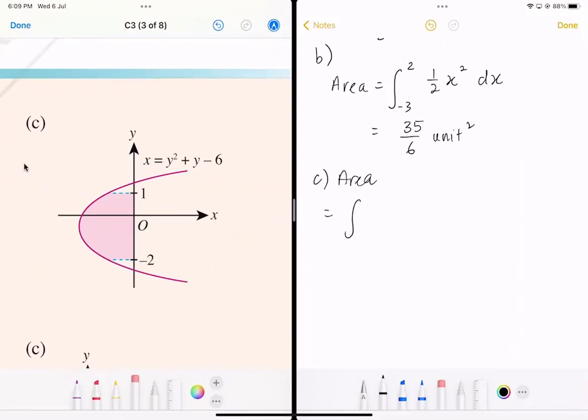integration. Lower limit is the smaller number. Upper limit is the bigger number. Now the function is in terms of y. So you can just put it in already: y squared plus y minus 6 dy. So you treat the y like an x. It's the same thing, just that now you're using y instead of x.